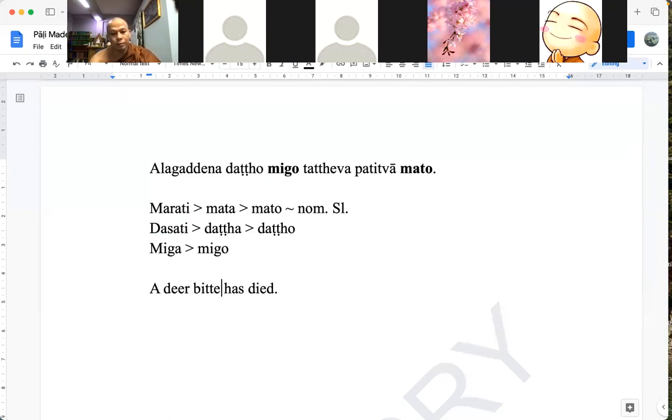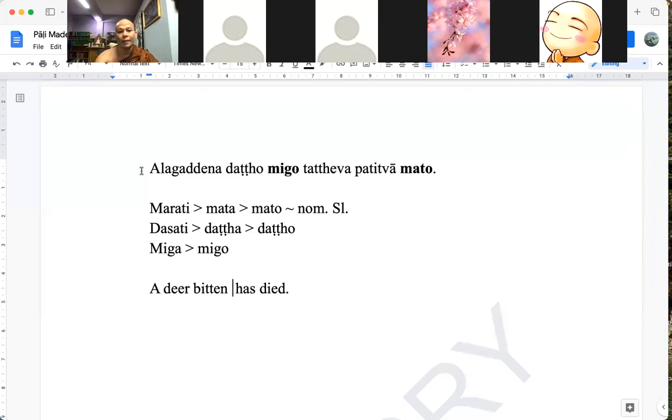Here also bite, or that is bite also, anyway. You can use it. So translation in five ways, three ways.